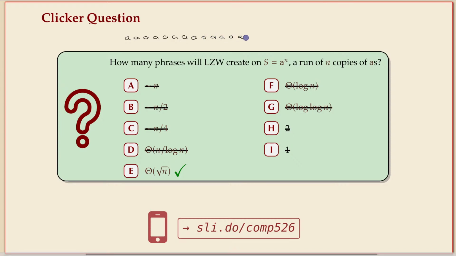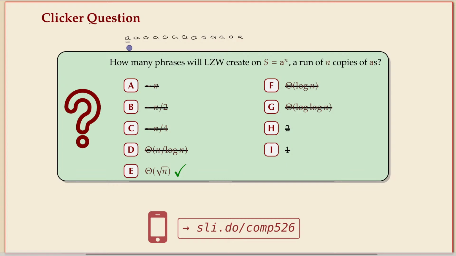Now let's start simulating what the Lempel-Ziv-Welch algorithm would do to see if we can spot a pattern. Initially, it'll fill its table with all the symbols in the alphabet. Let's suppose A is one of these. So the first phrase we find is just the single A. We encode the code word for that, whatever it is.